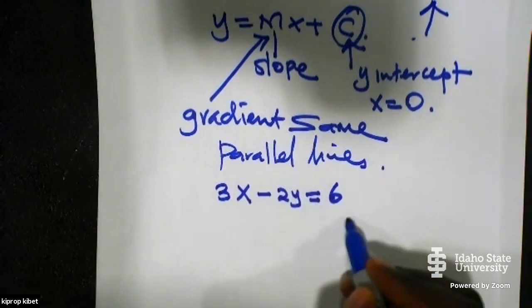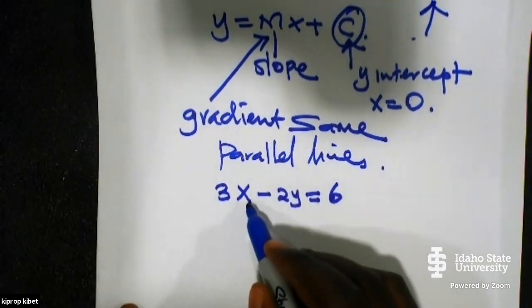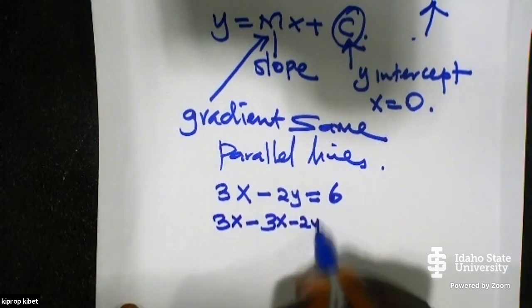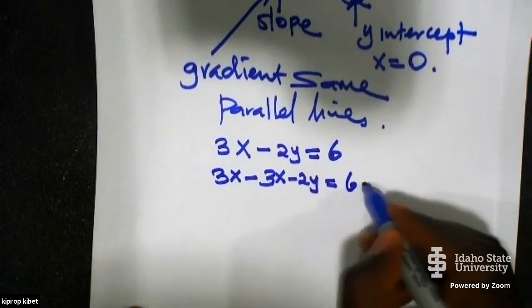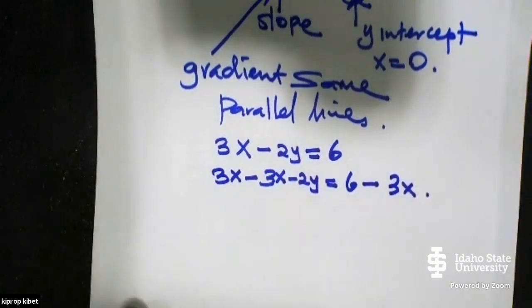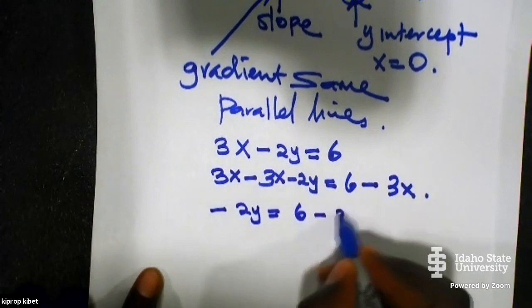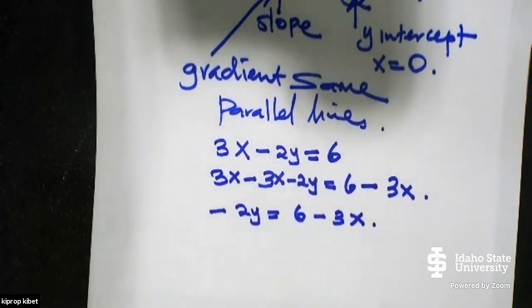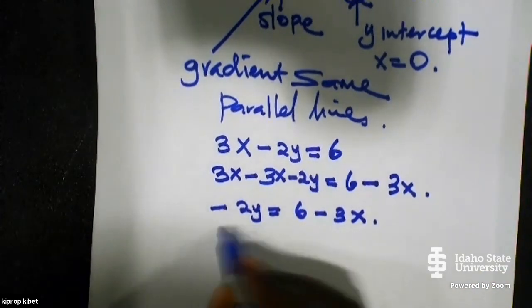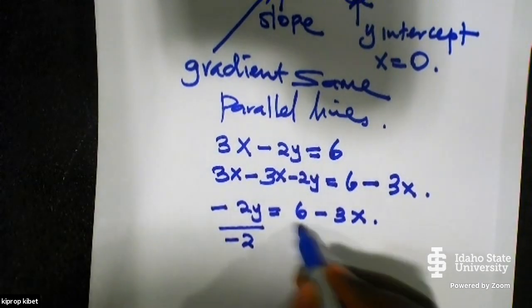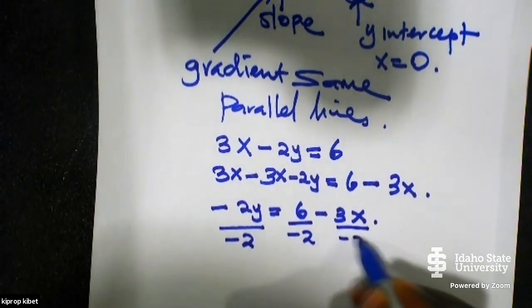You take 3x to the other side, or you subtract 3x. So minus 2y equals 6 minus 3x. Then you divide by minus 2.